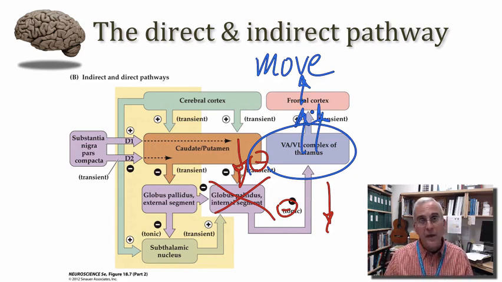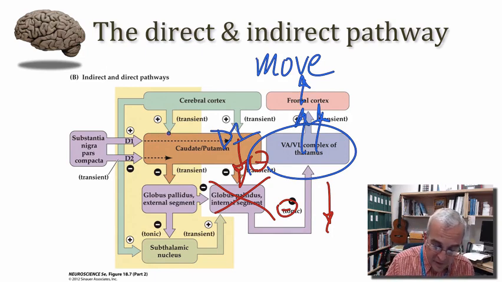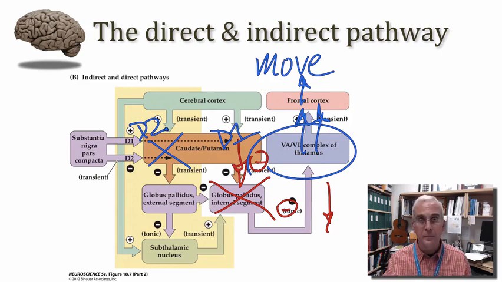The indirect pathway will synergize beautifully in the presence of dopamine, because dopamine is serving to increase the activity of the direct pathway by binding to a D1 receptor, but dopamine is suppressing the activity of the indirect pathway by binding to D2 receptors.